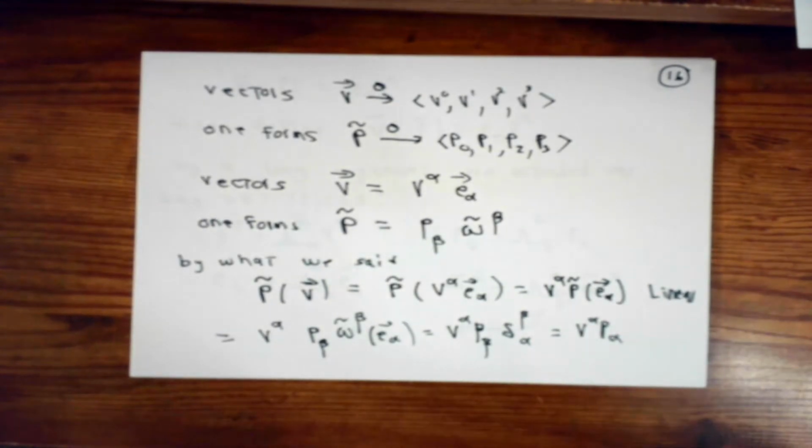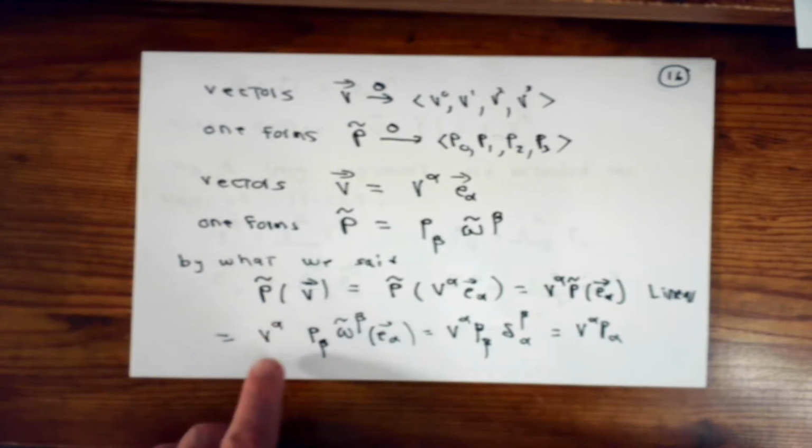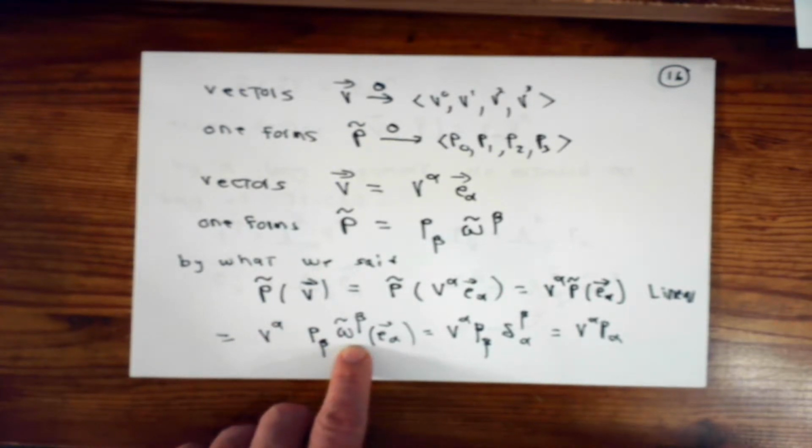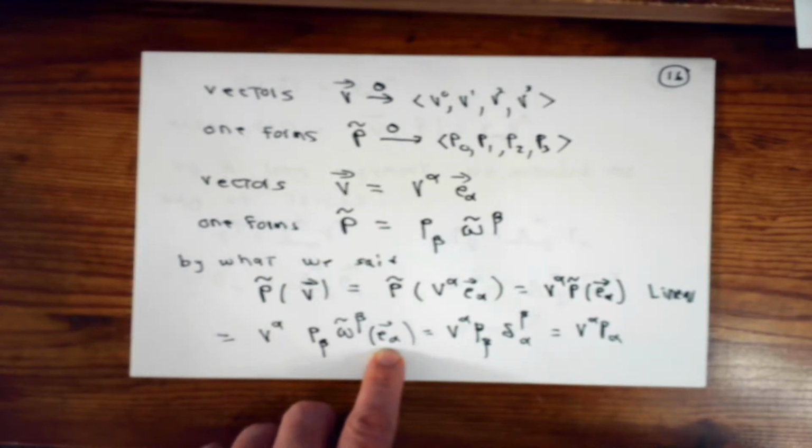But on the other hand, P tilde is P beta omega tilde beta. So this is V alpha P beta omega tilde beta E alpha there.